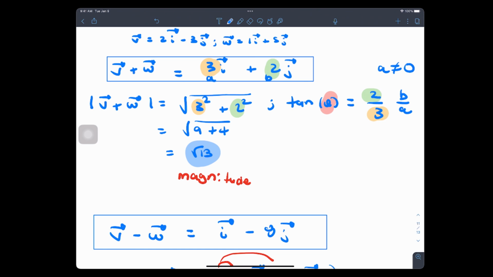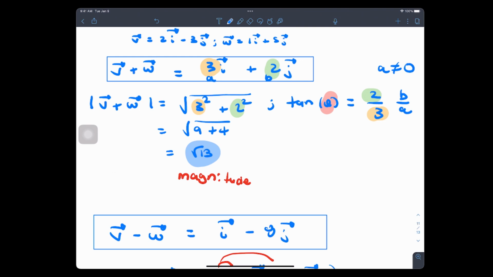And so here's the thing. This is probably not going to be a special triangle, which means we're going to have to wake up our TI. So I want you guys to know they can ask you for magnitude and direction just like before. Remember this.